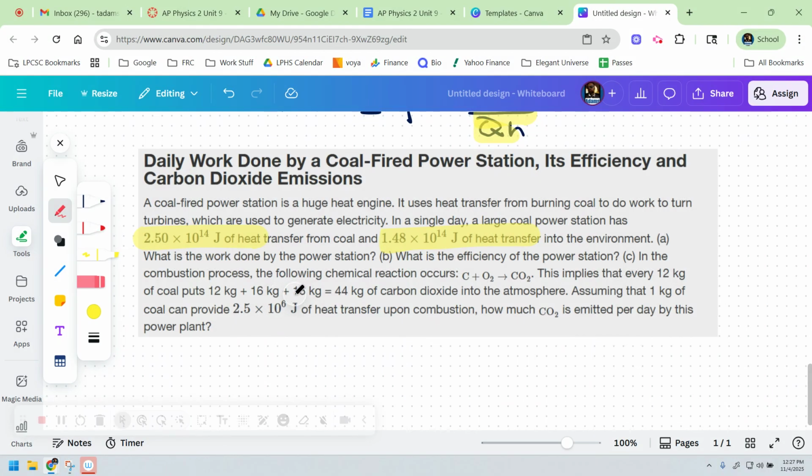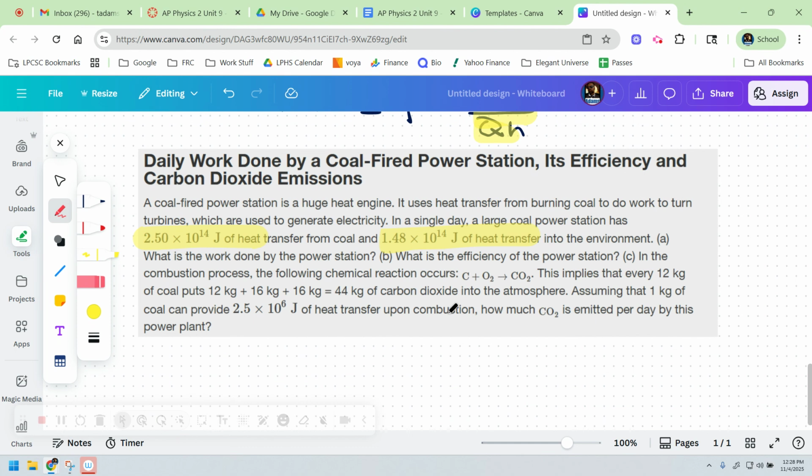Then C, it says in the combustion process, the following chemical reaction occurs. Carbon plus O2 becomes CO2. This implies that every 12 kilograms of carbon plus 16 kilograms plus 16 kilograms of oxygen generates 44 kilograms of carbon dioxide into the atmosphere.